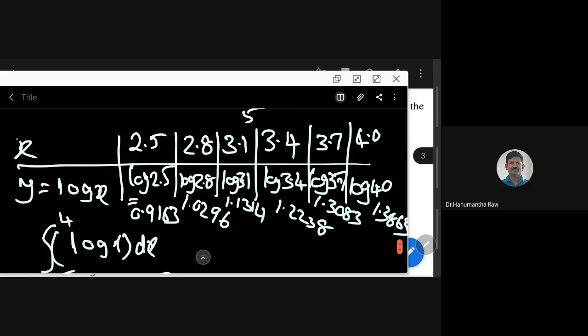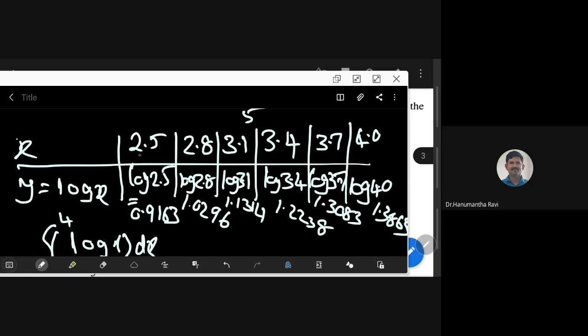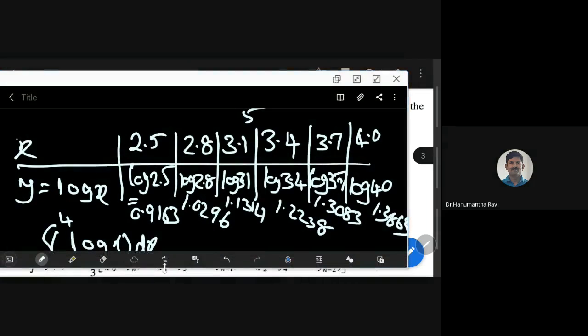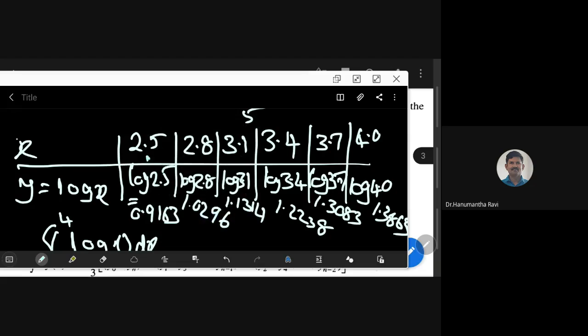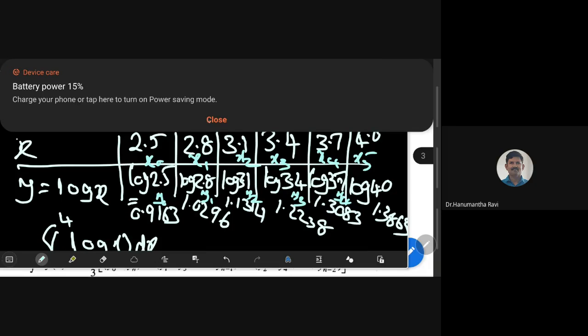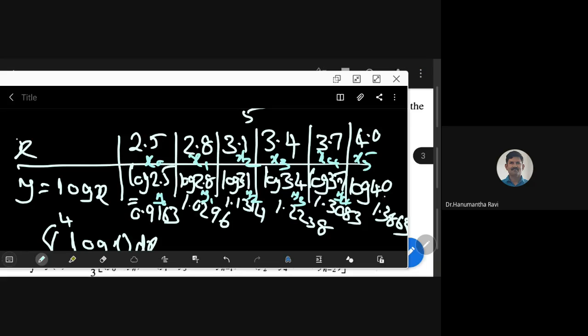The labeling is x0, x1, x2, x3, x4, x5, and y0, y1, y2, y3, y4 and y5.